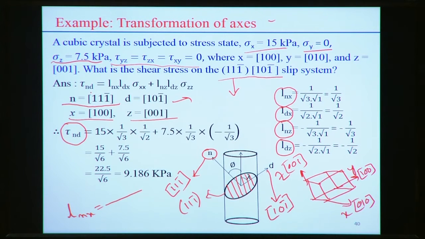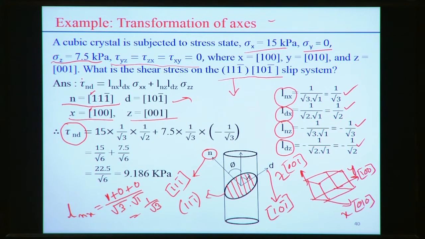So 1 multiplied by 1 plus 1 times 0 plus 1 times 0, over the root of 1 1 1 squared, that means root 3, and the root of 1 0 0 means 1. So that comes to 1 by root 3. So that is correct. In a similar fashion we can find l_dx, l_nz, and l_dz.